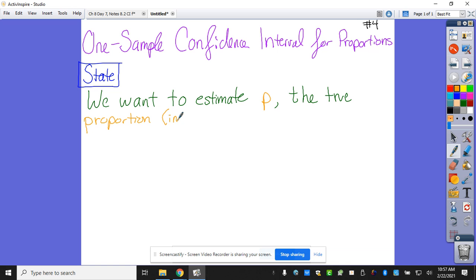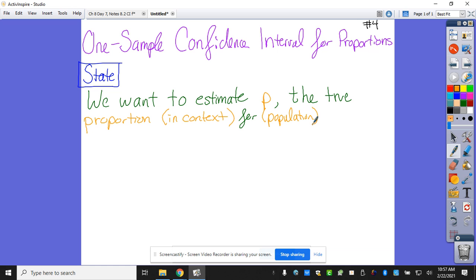And then write in context. And I'm going to write for population. A lot of times the way you guys write proportions, you don't realize you're writing for population in there, but you are. So just make sure you do define it within there.